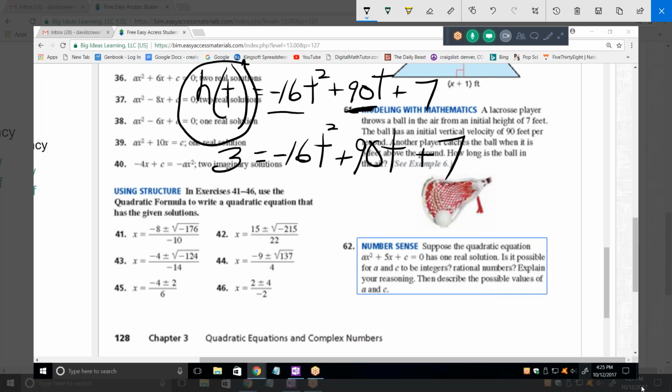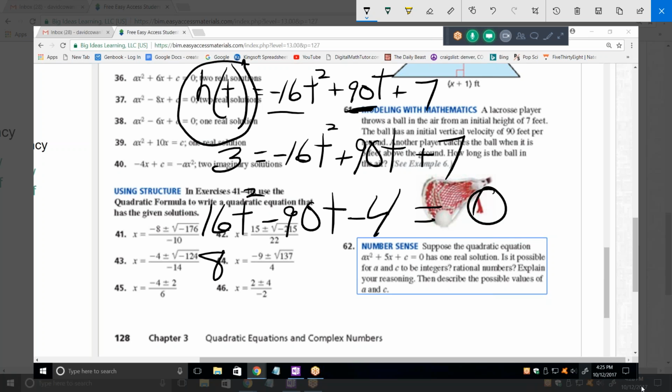I'm going to take everything over to the left. 16t squared minus 90t minus 4 equals 0. Let's make this easier by dividing by 2. So we have 8t squared minus 45t minus 2 equals 0.